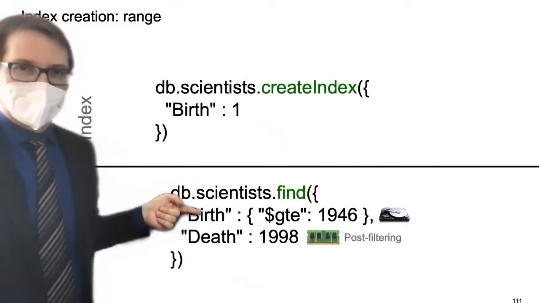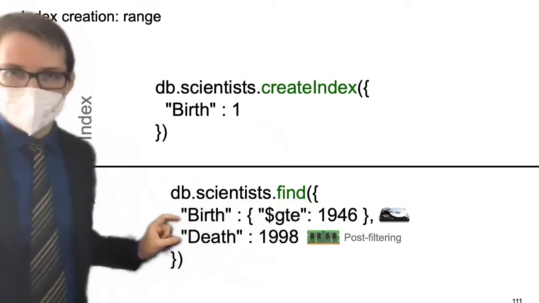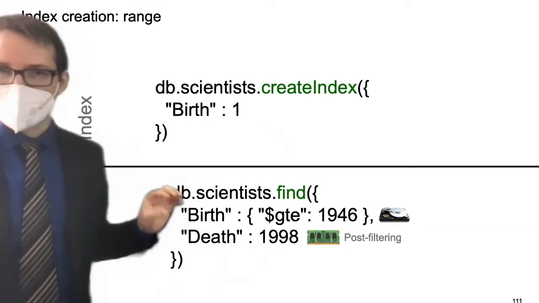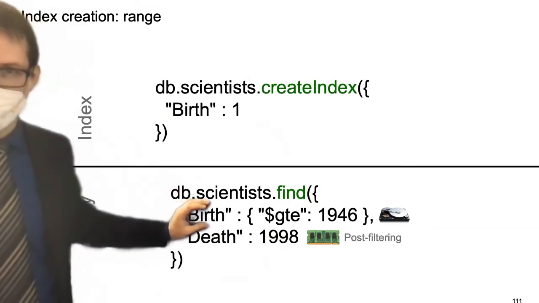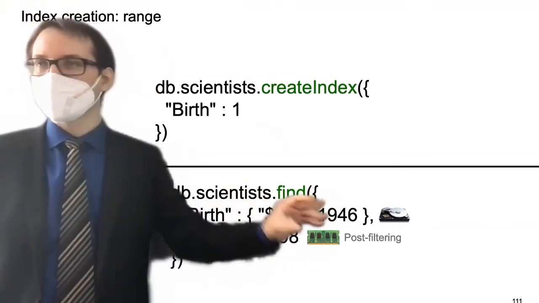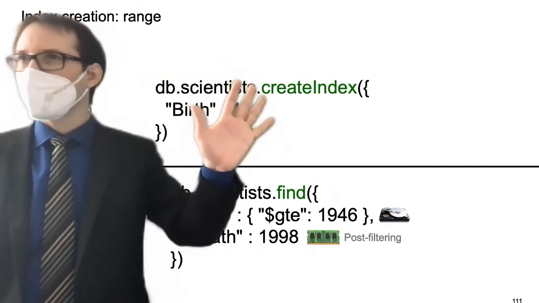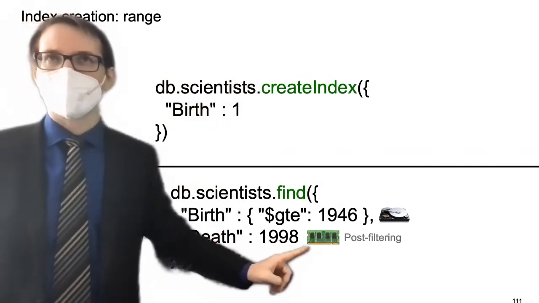If in my query, I not only ask for a birth that is at least 1946, but I also ask for a death, it's as before. That part uses the index. So I'm going to load into memory everything that's on the right of 1946 in the index. What's on the left, I don't even bother to read it. Then it's in memory. And then I filter in memory for the death.